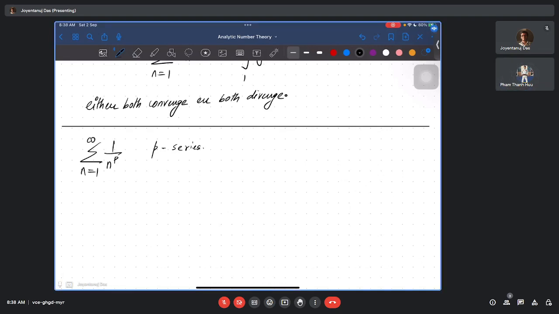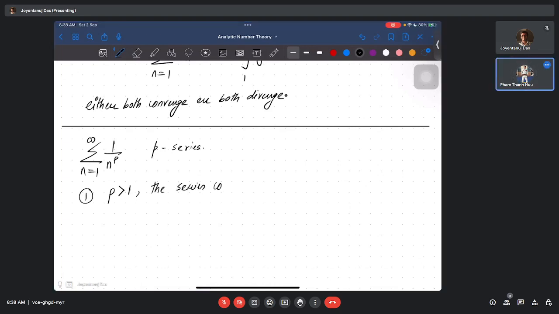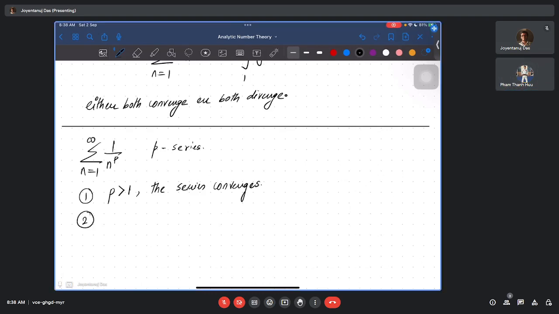Then the condition is, when does it converge or diverge? If p is strictly greater than 1, then the series converges. And the second condition is, if p is less than or equal to 1, then the series diverges.